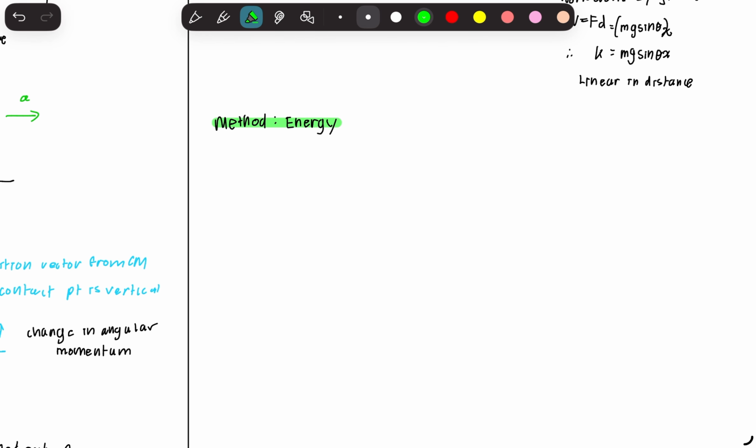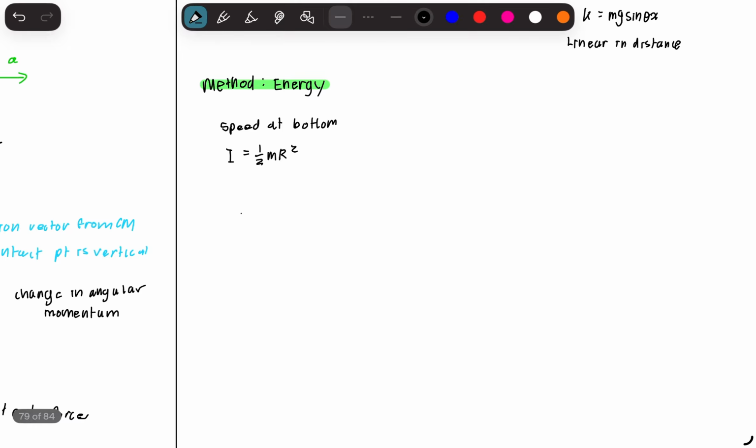So what we know is that the speed at the bottom is going to have a moment of inertia of 1/2 mr squared. So for our K total, we're going to split this into K trans plus K rotational.